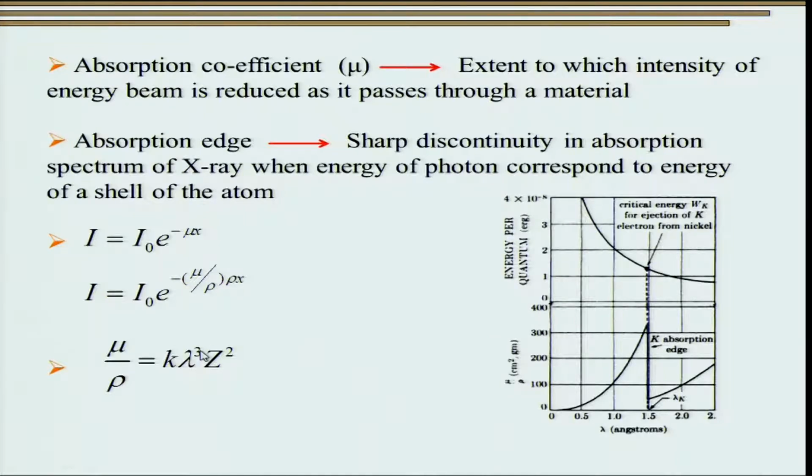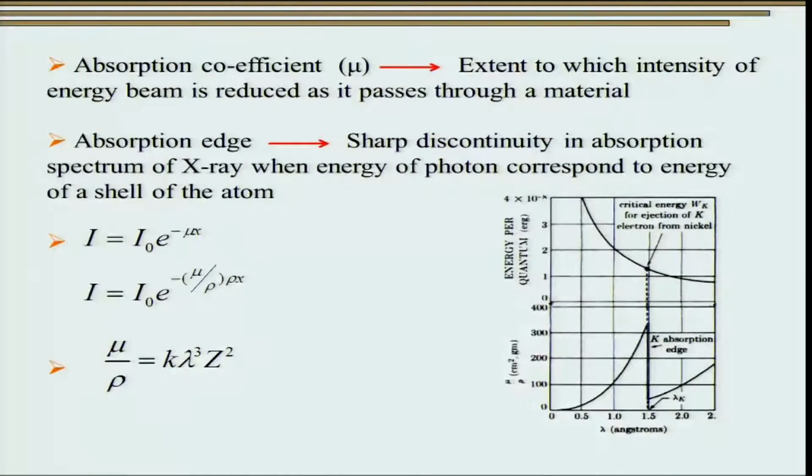If we incorporate the density of the material, we can get I is equal to I0 e raised to minus (mu by rho) into rho x. This is particularly important when we are considering a mixture of various materials, and we can take the weighted average of the absorption coefficient as well as the density. Generally, it has been found that the relationship between mu and rho is not only wavelength dependent, but also atomic number dependent.